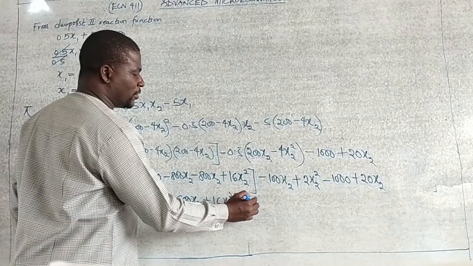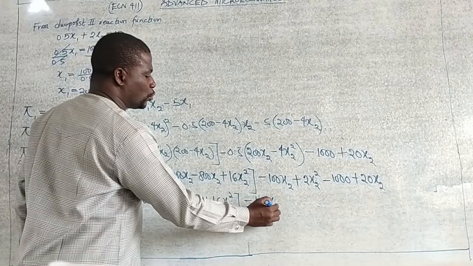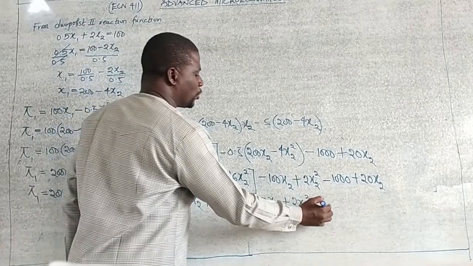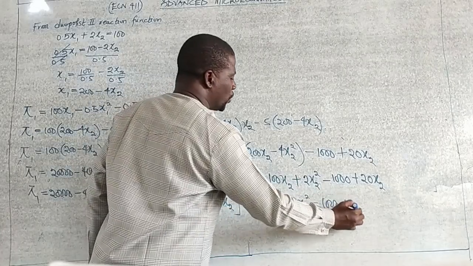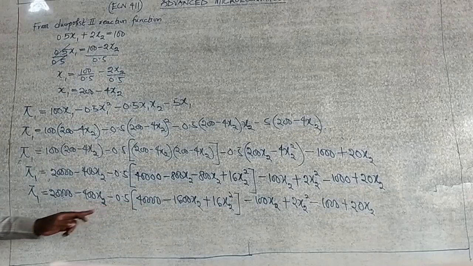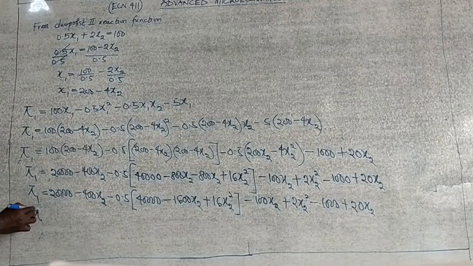Then minus 100 x2 plus 2x2 squared minus 1,000 plus 20 x2. So let's look for a way to open these brackets now. I want us to open everything before we tidy up.